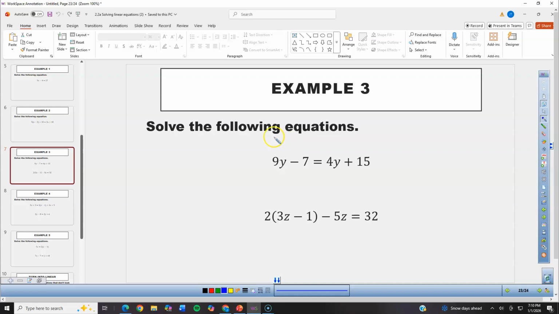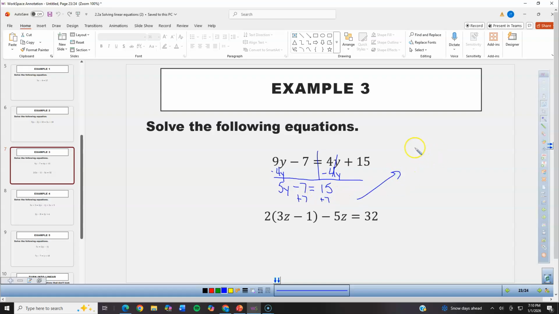Alright. Solve the following equations. First thing, look for any simplification that can occur. Nothing. No like terms to combine, no distributing. So what I'm going to do is move my y's over. Could I subtract the 9y? Yeah. Didn't want to. So I get 5y minus 7 equals 15. Add the 7 over.